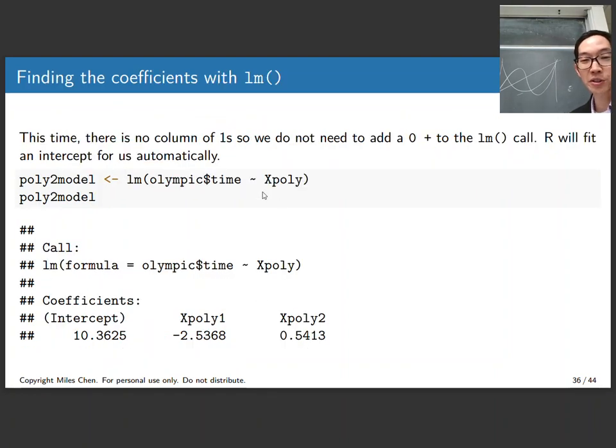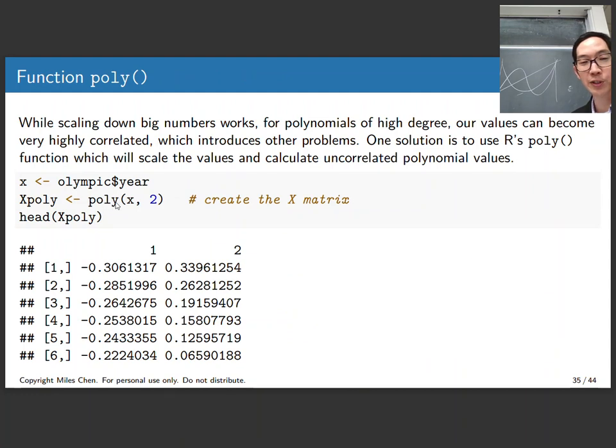So you can just use this function poly. You plug in your vector of x values, and then you say, I want you to create a matrix with a second order polynomial term. So this is the linear component, and over here is the quadratic component.